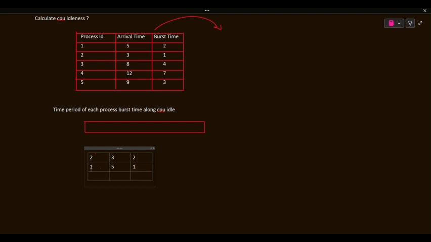The third one is the process with process ID 3 whose arrival time is 8 and burst time is 4. The fourth one is the process with process ID 5, arrival time 9, and burst time 3. And the fifth one is the process with process ID 4, arrival time 12, and burst time 7.